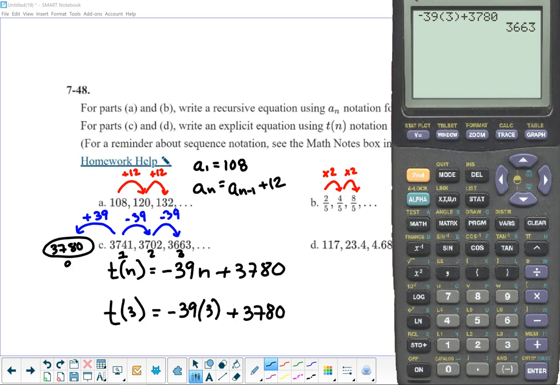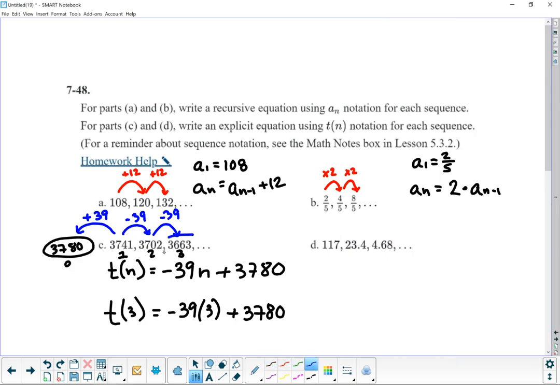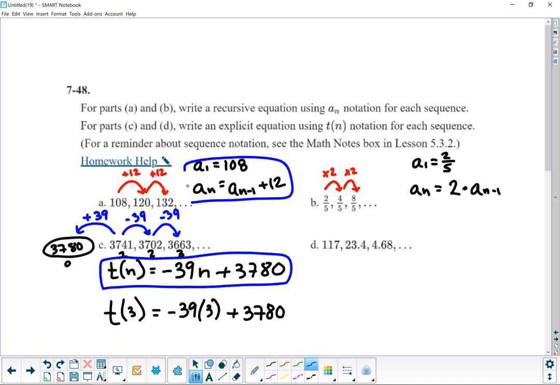And that gets me, yep, the third term is right here, 3663. So this equation works. Okay, so my answer is this one right here. And these two are both my equations.